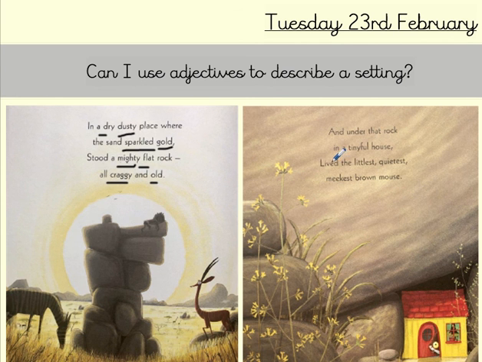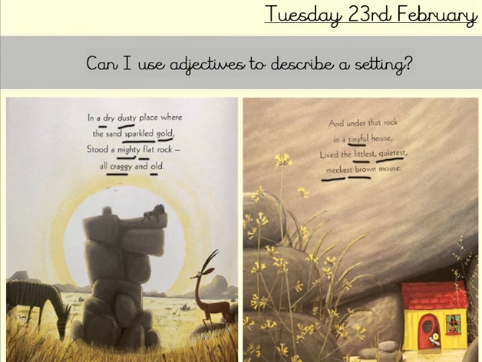And under that rock, in a tiny full house, that's actually not a proper word, but authors sometimes do that. They like to play with words, don't they? Lived the littlest, quietest, meekest, means shy, brown mouse. I wonder how close you got to that description. Well done, everybody.